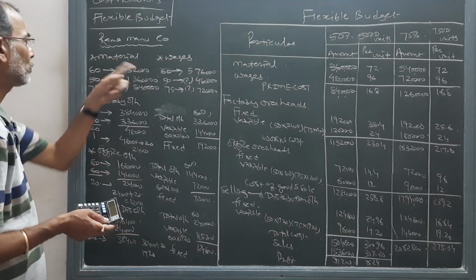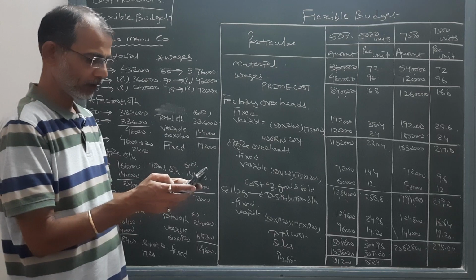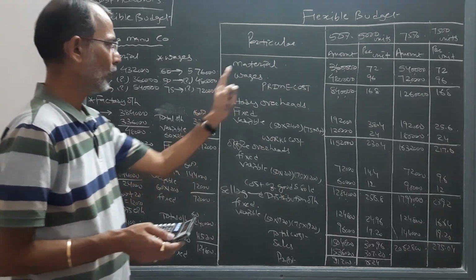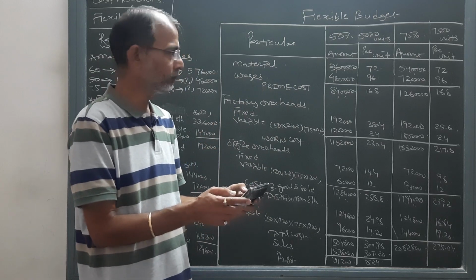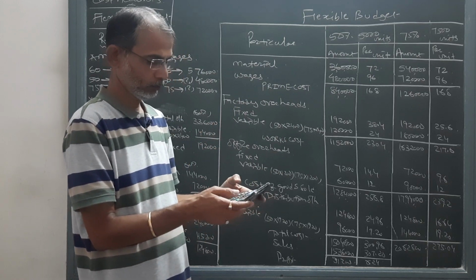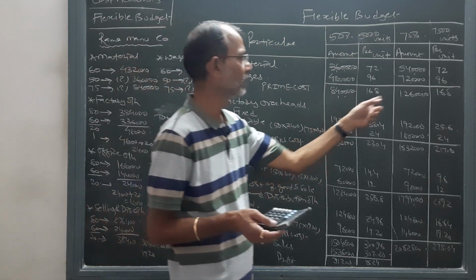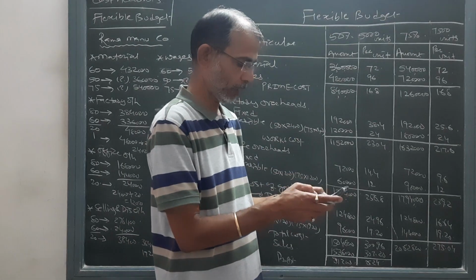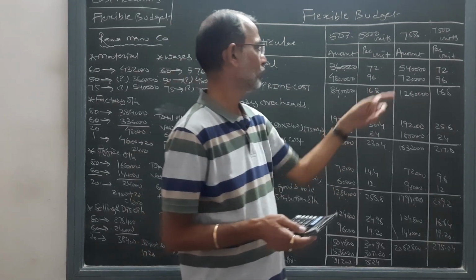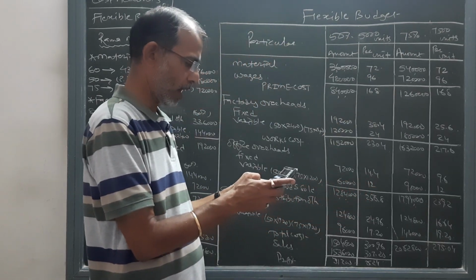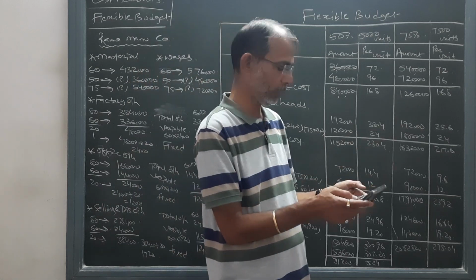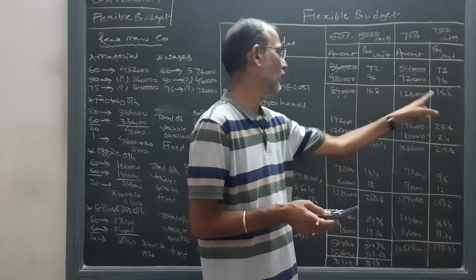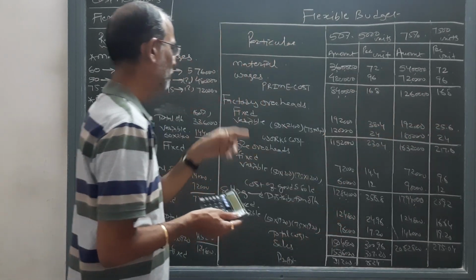And if we come to wages, 5,76,000 divided by 6 into 5, 480, divided by 5000, per unit is 96. The same amount will be kept in the column of per unit and multiplied with 7500, which will give you 720 plus 540, 1260, and 168, 168 here also will be the same.